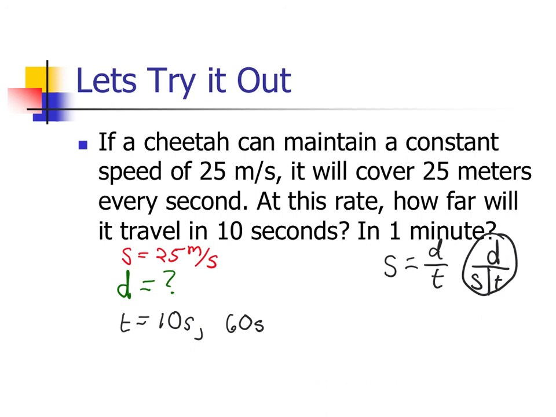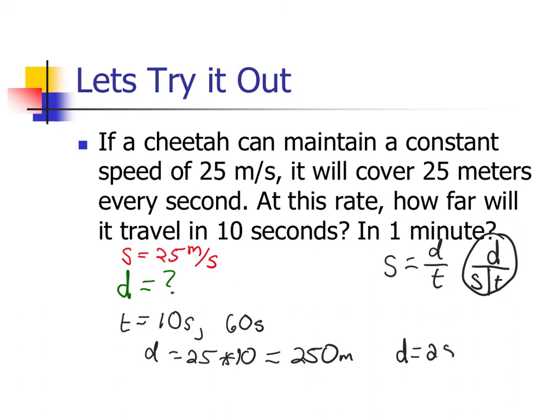So 25 meters per second, to get that distance, we multiply to get 250 meters. That's moving. To get 60 seconds, we do the same thing.